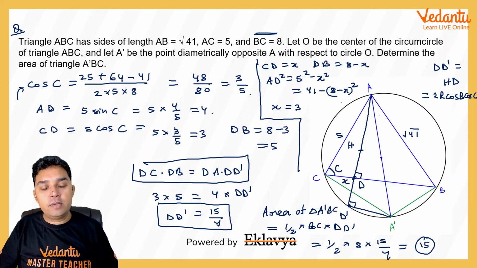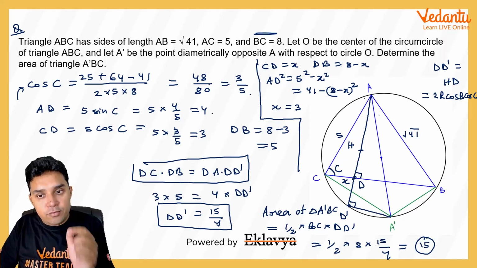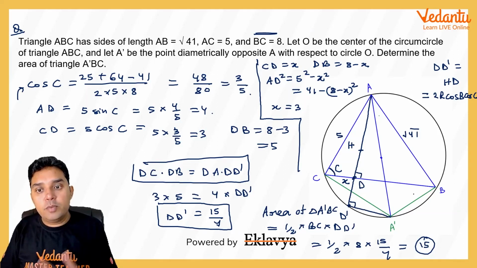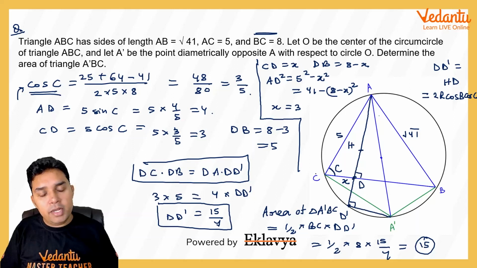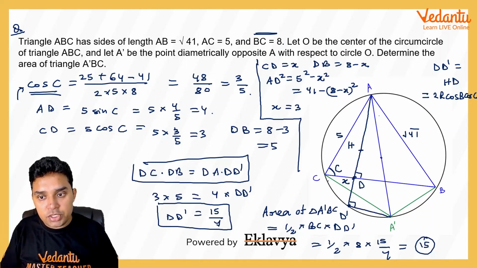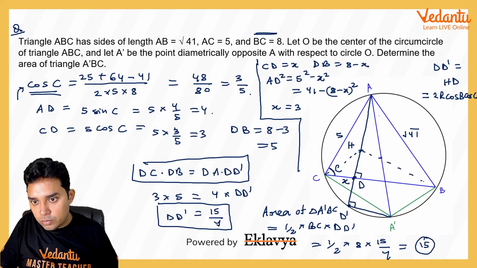Because we are aware of all the three sides of this ABC, we can find R using formulas of solution of triangle. Cos B cos C can also be calculated as I have done for cos C. So using that HD can be found, and it will be the same as 15 by 4 only. It can be checked, and then you can find the area of this triangle A'CB. In fact, the area of this A'BC will be the same as the area of HCB also.